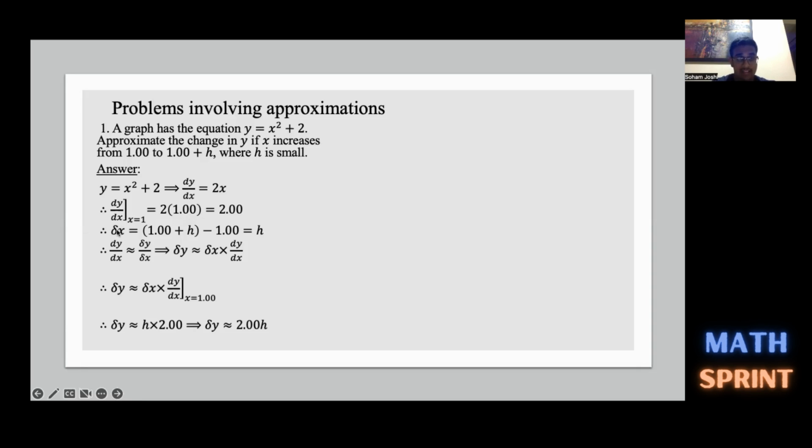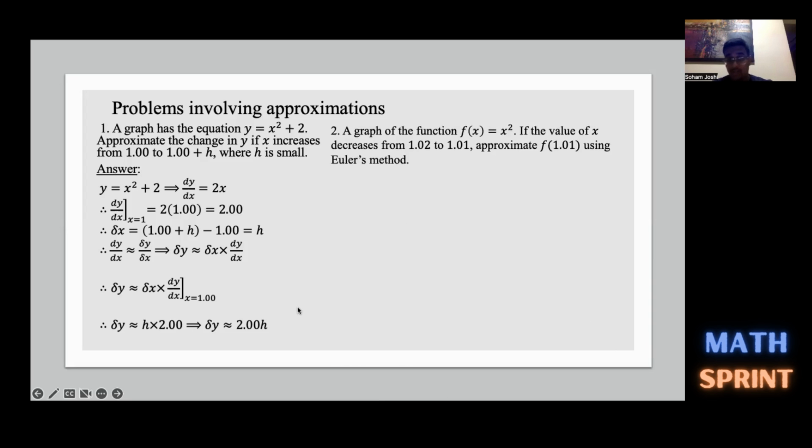Now, delta x, since it's the final value of x minus the initial value of x, delta x is equal to h. As I mentioned before, delta y by delta x is a fraction. So that means that you can take the delta x here and multiply it by dy by dx to approximate the value of delta y. So after substituting the values that we obtained over here, we can eventually conclude that delta y is approximately equal to 2.00 h, where h is a very small number.